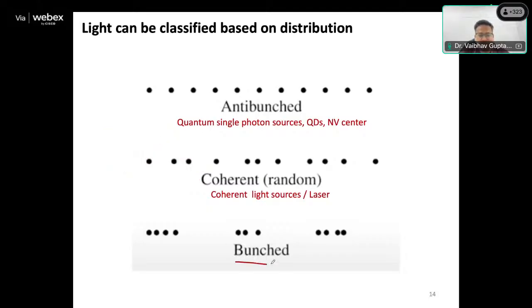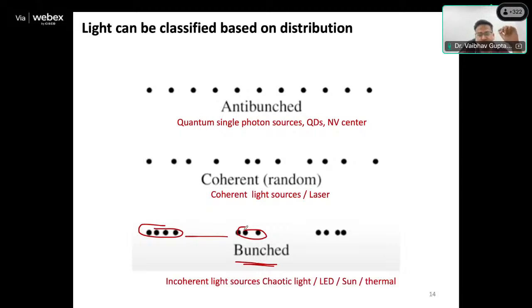The third one is the bunched light source. Here the photons come in bunches, like four photons together, and then there are no photons, and then there is a bunch of three or four photons. This kind of light source is a chaotic light source or thermal light source. So that's again the same distribution of light or photon arrivals.